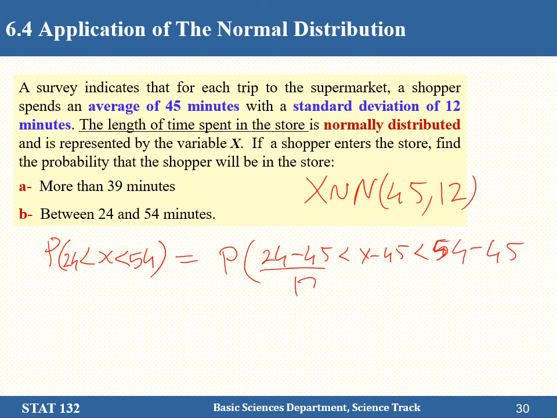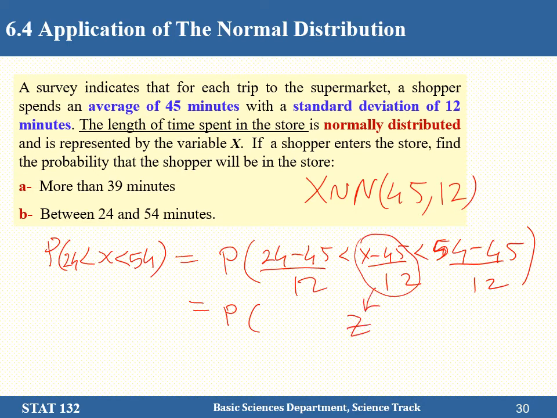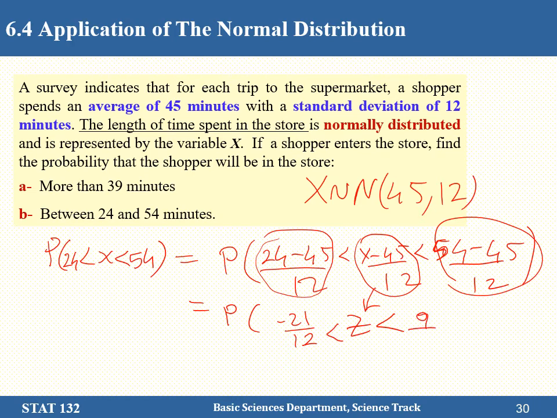And then divide by 12. You have to do these one by one. 24 minus 45 makes negative 21 over 12, and 54 minus 45 becomes 9 over 12, and we have to use the decimals here.